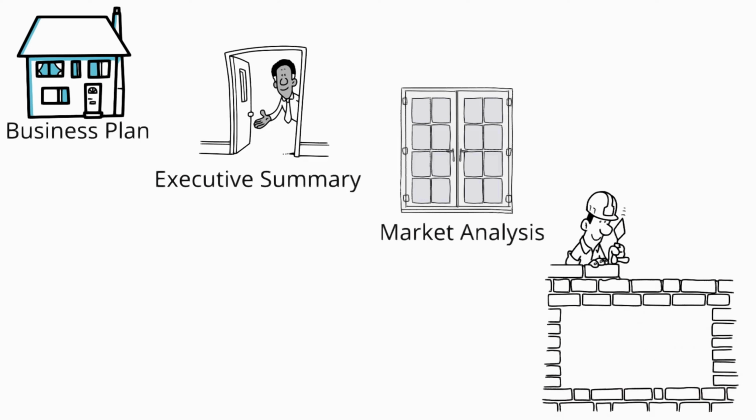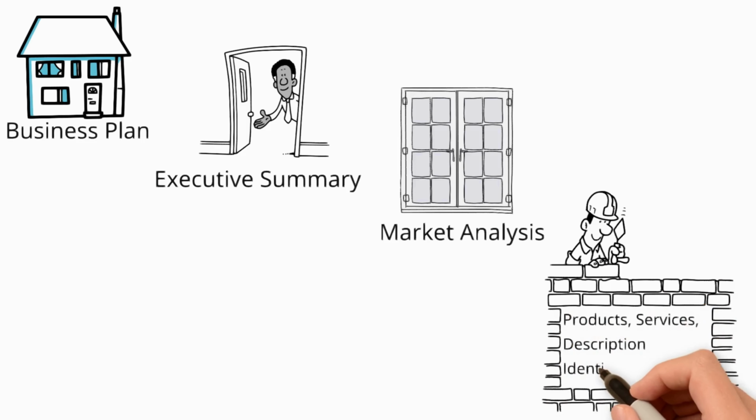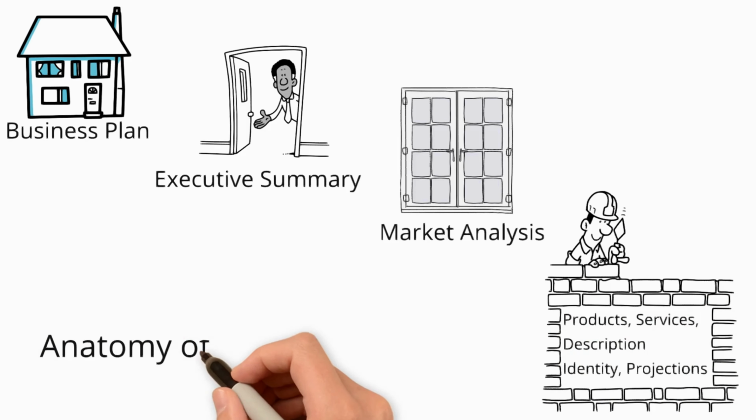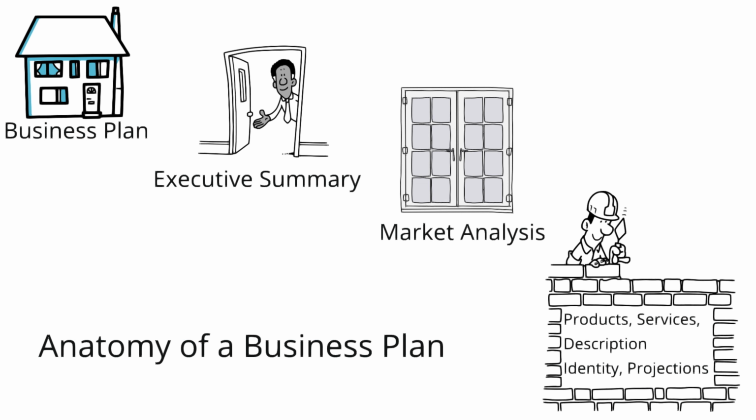So subsequently, your company description, that's going to be like the walls of the business. It's what provides you that structure. It's what provides you that identity that somebody can look at and say, oh, yeah, that's what they are.